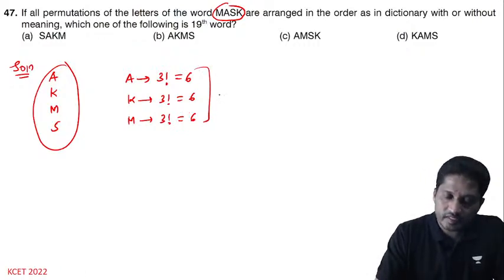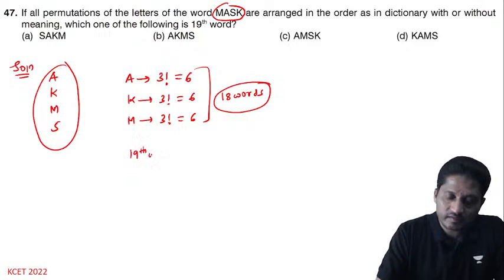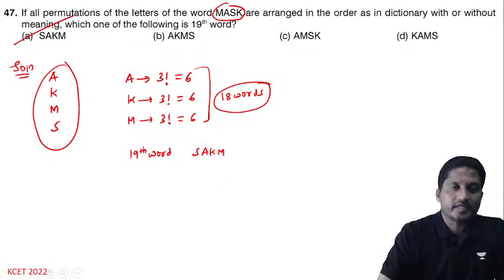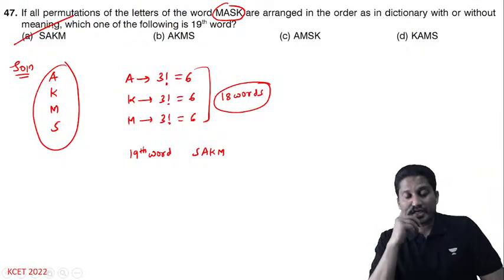So far we have constructed 18 words. Right, the 19th word will obviously start with S. So the 19th word will be SAKM. Answer is option A.